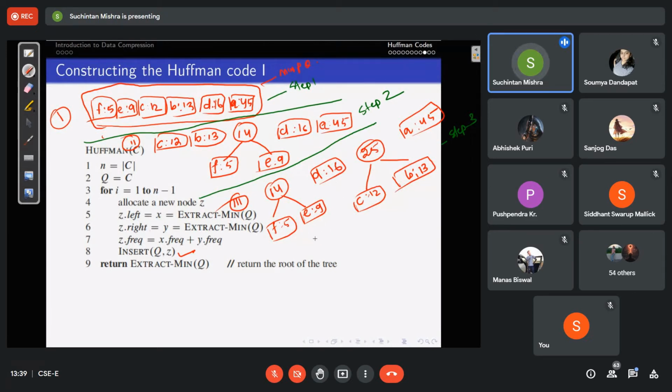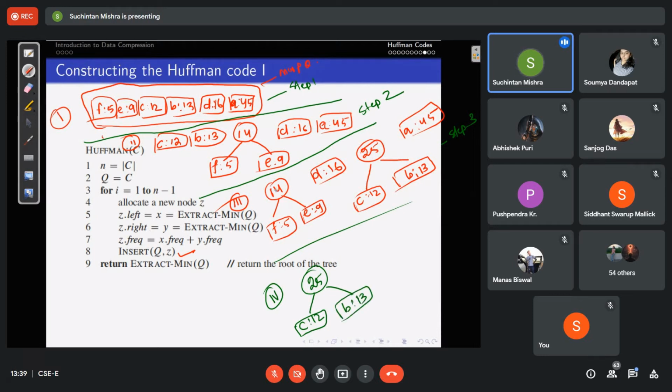Now in step 4, again these two will be combined. If these two are combined, the new node will be 30. Since 30 is greater than 25, let us maintain the order: 25, C12, B13.